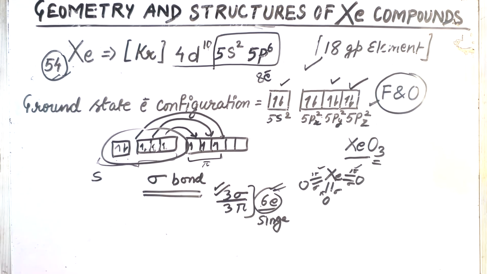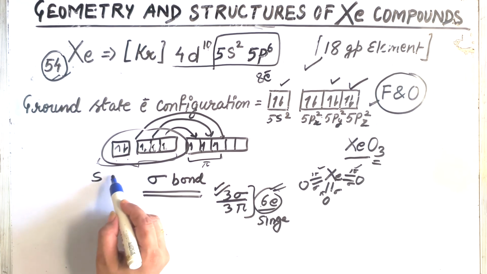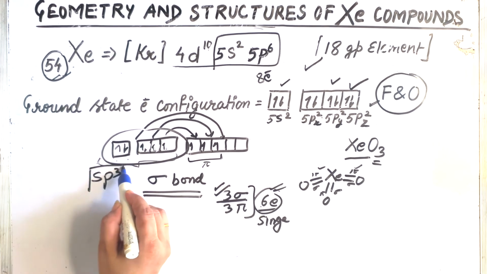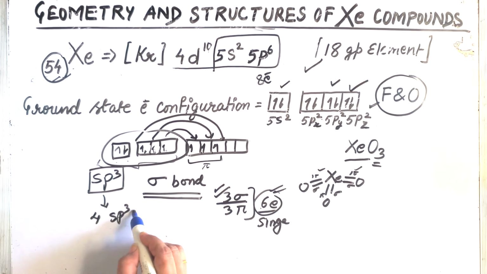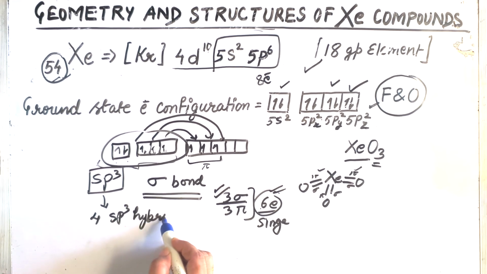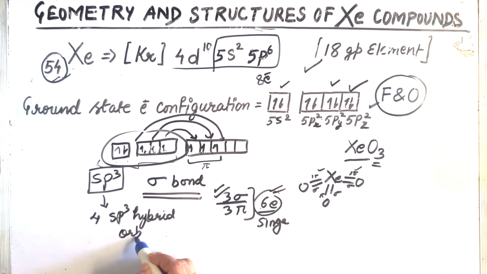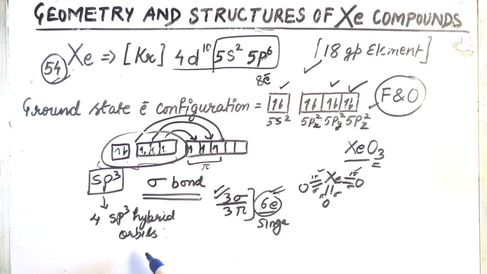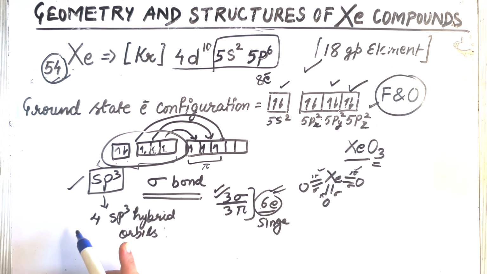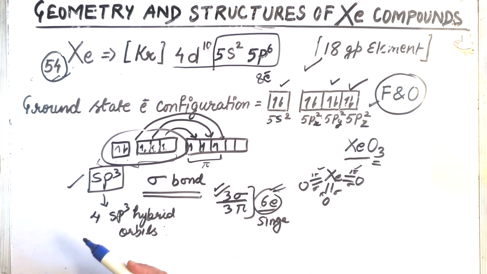I am using the 1s, this one, and 3p, so that we get 4 sp3 hybrid orbitals. If there are 4 sp3 hybrid orbitals, this sp3 hybridization will decide the geometry of the molecule.